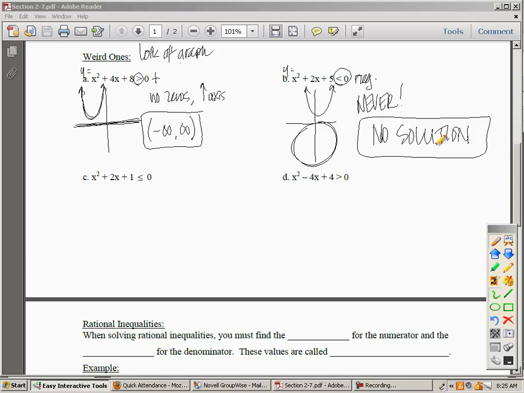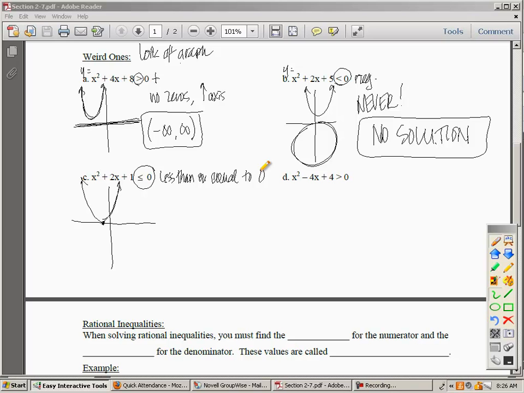So let's look at C. Okay, if I go to graph this one, you have a 0 at -1, so my graph looks something like this. And the question is, when will this be less than or equal to 0?